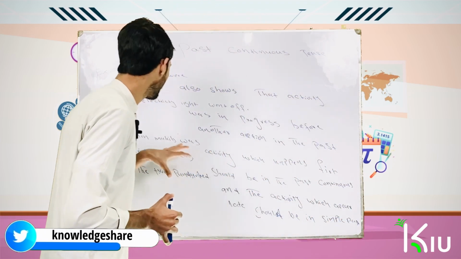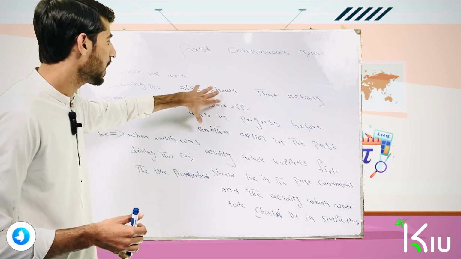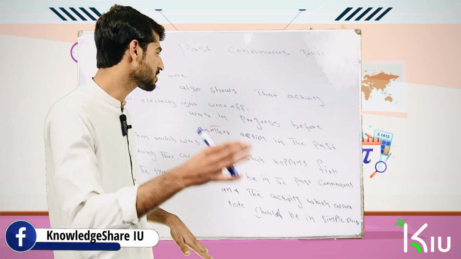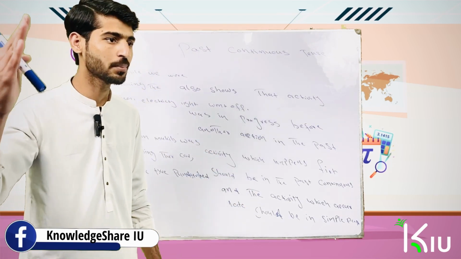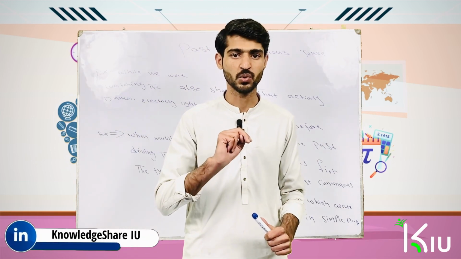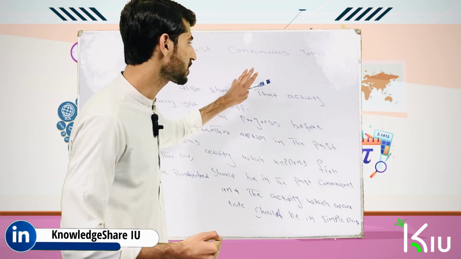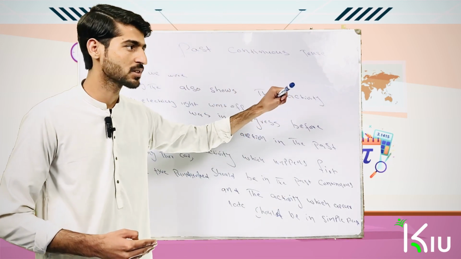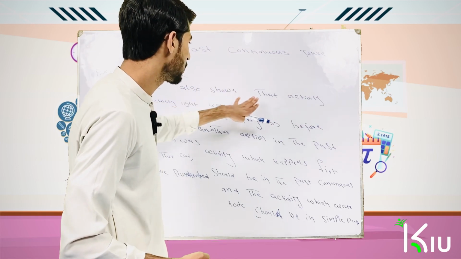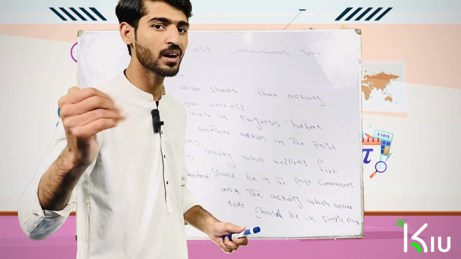The second use of past continuous tense also shows that activity which was in progress before another action in the past. For example, in the past there were two actions, one was continuous and one was not. So for that action we can also use past continuous tense. Past continuous tense also shows that activity which was in progress but before another action.